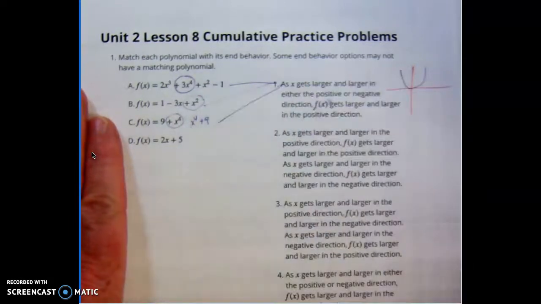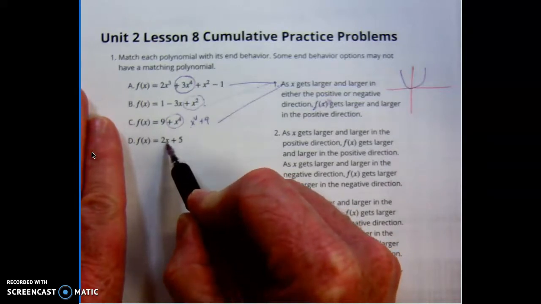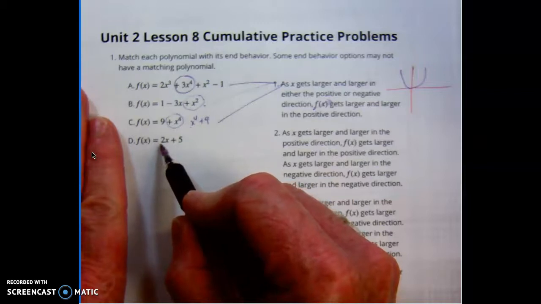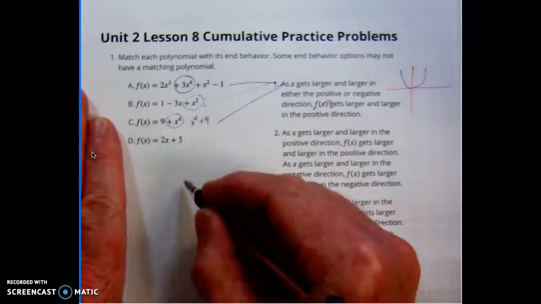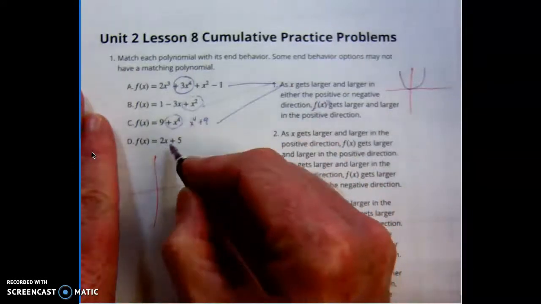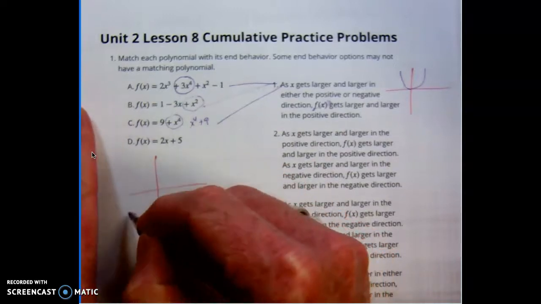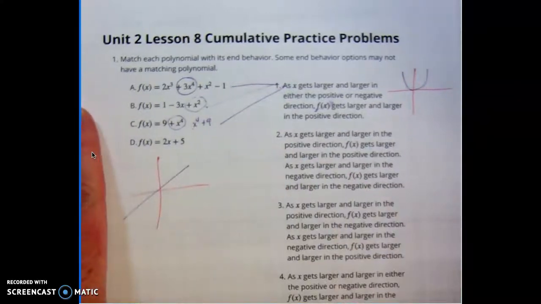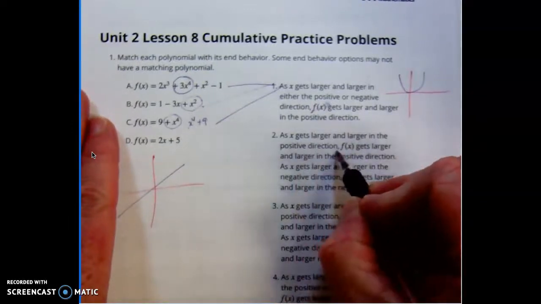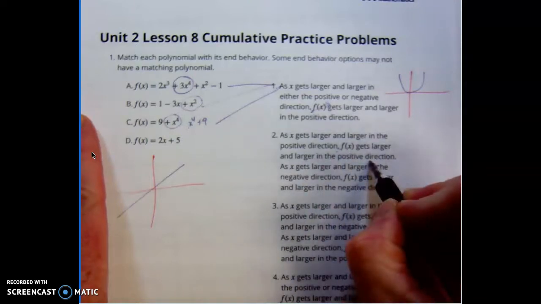Same thing. Okay, now this is an odd exponent with a positive coefficient. So I know this is going to be positive as it goes to the right, and it's going to be negative as it goes to the left. So it's going to go like that. So we just have to interpret the right one. As x gets larger in the positive direction, f of x gets larger in the positive direction.